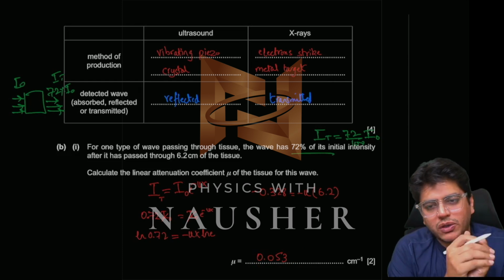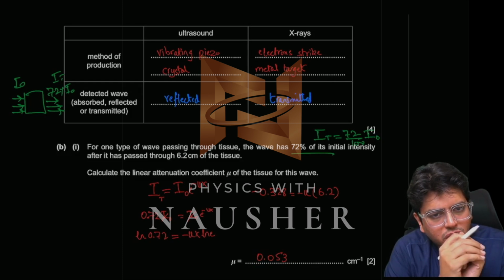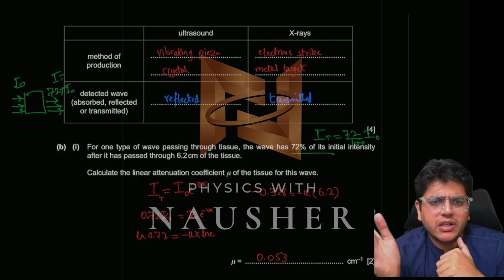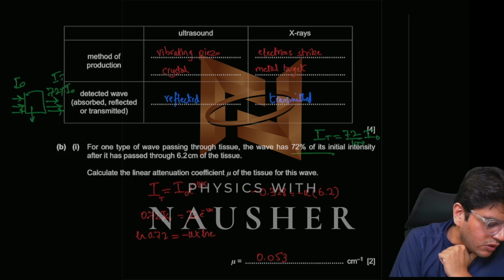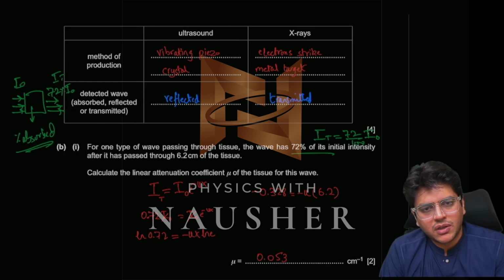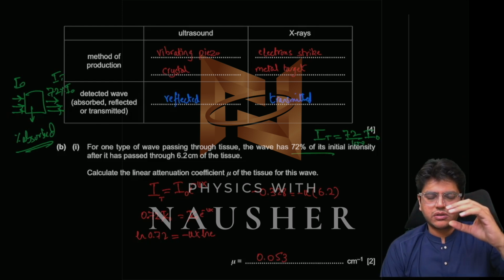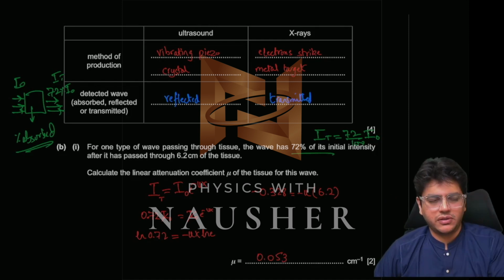By the way, they can ask you one question. They could ask you, if 72% of the initial intensity has passed through, what was the percentage absorbed? Can you answer this question? Simple question. I send an I naught, 72% goes through. What is the amount that has been blocked?